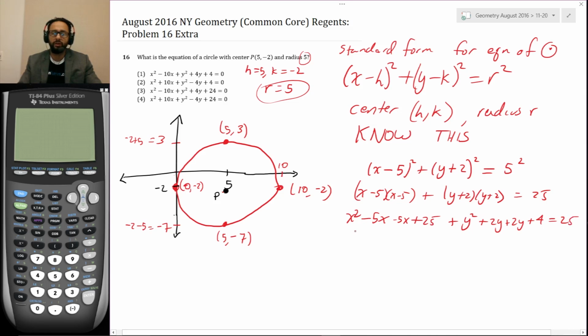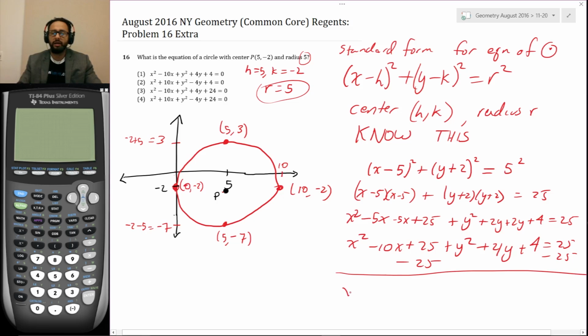So that's x squared minus 10x plus 25 plus y squared plus 4y plus 4 equals 25. Subtract the 25, and I get x squared minus 10x plus y squared plus 4y plus 4 equals 0.